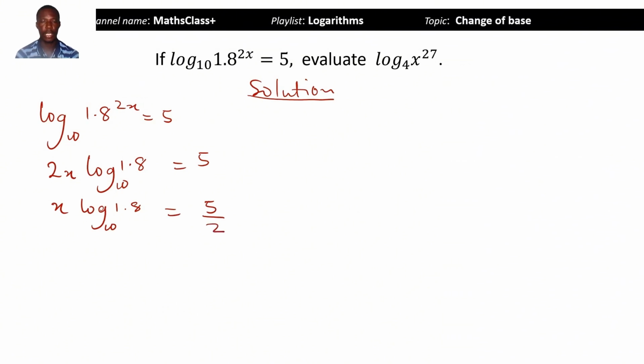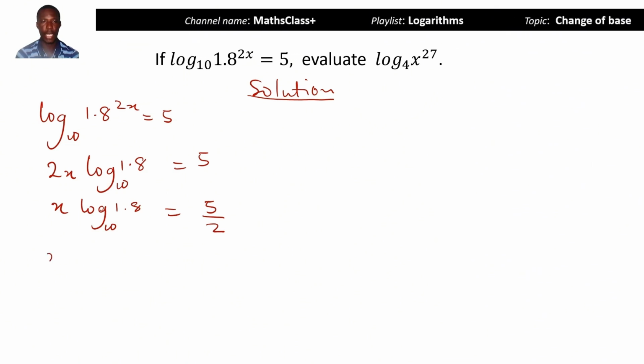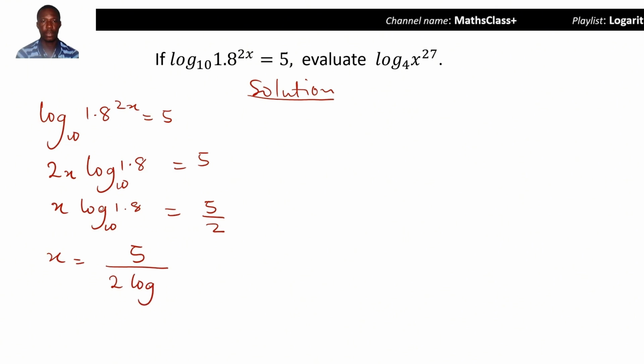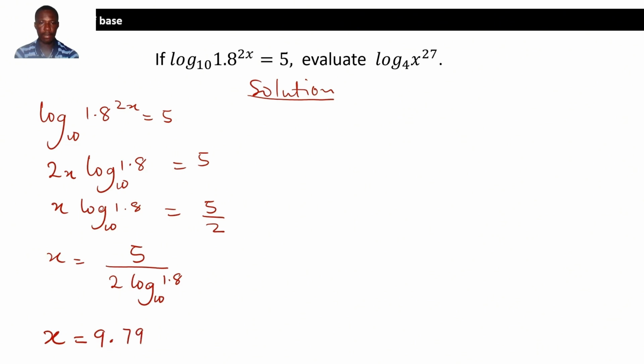And I will also divide through by log 1.8 to the base 10. That will give me x is equal to 5 divided by 2 log 1.8 to the base 10. So what is the value of x? 9.7935.